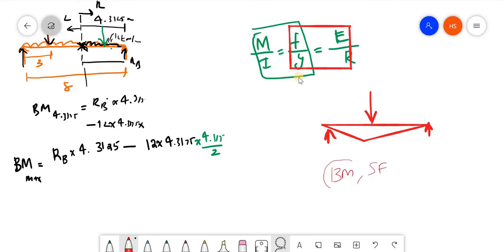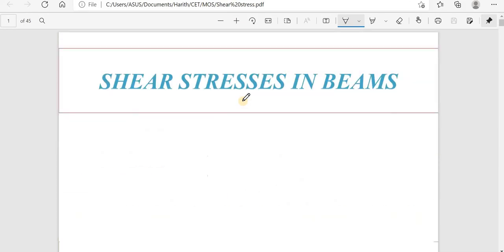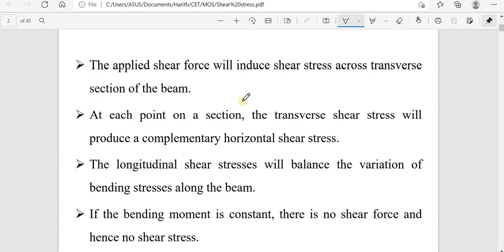Now we have only considered the bending moment and the corresponding stress. Now we have to find out the shear stress. Shear stress will be due to the shear force. So the next topic is shear stress in beams.